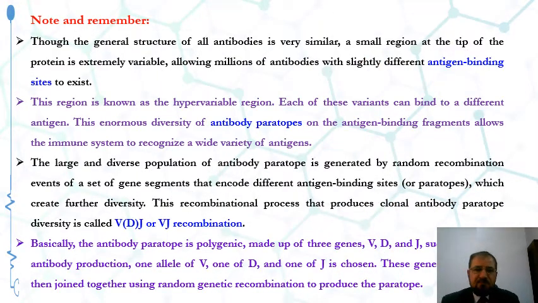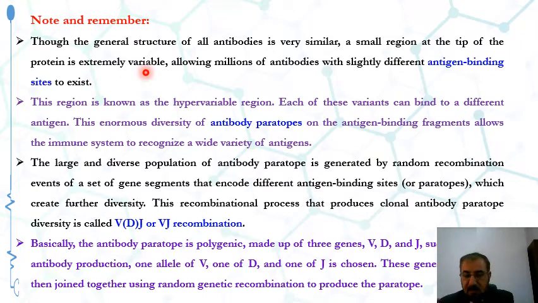Okay, to remind you, I'm going to read the notes to remember what we have said before. Number 1, though the general structure of all antibodies is very similar, a small region at the tip of the protein is extremely variable.